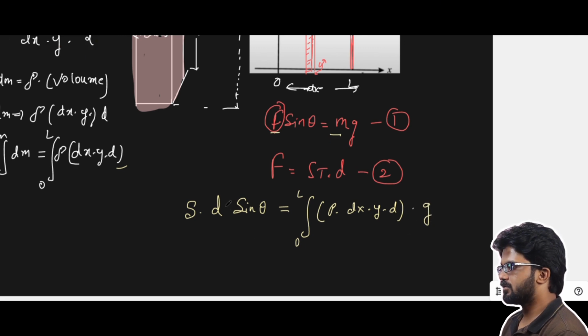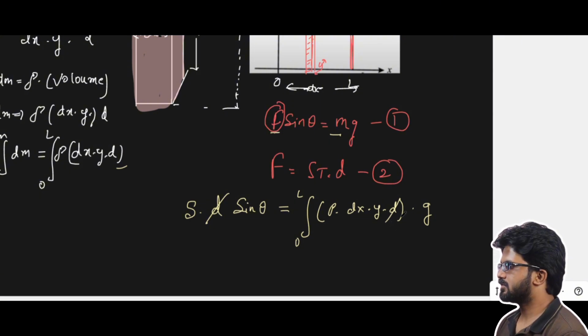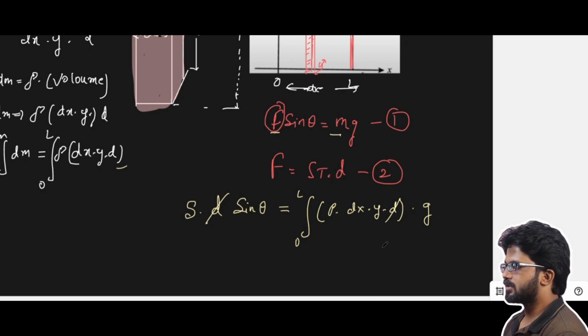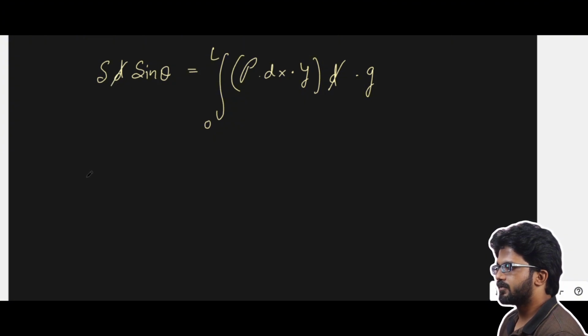So we can just cancel out d and d, okay, and we are going to find that S sin theta is equal to this integral times g. But we also know that if you differentiate it, we can cancel this d term and differentiate it.